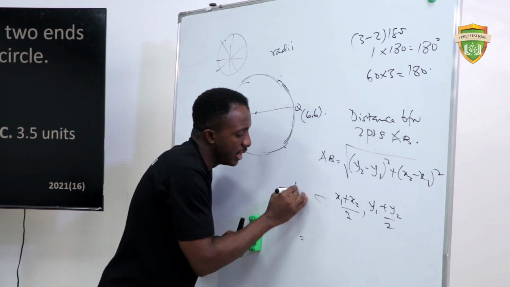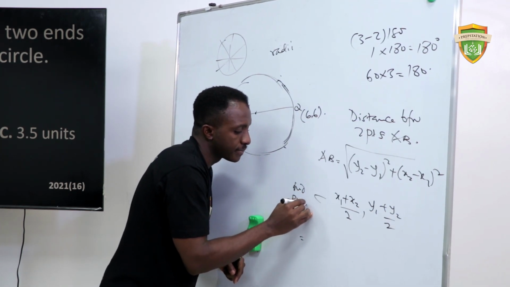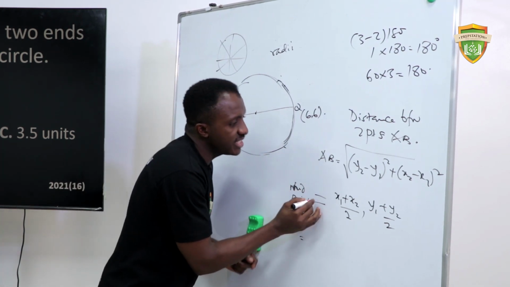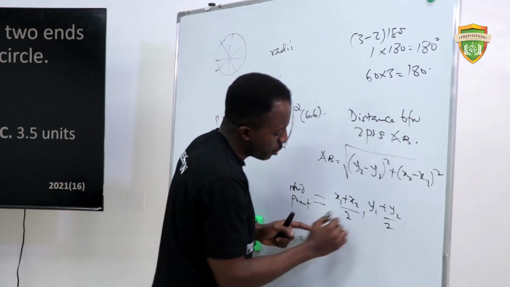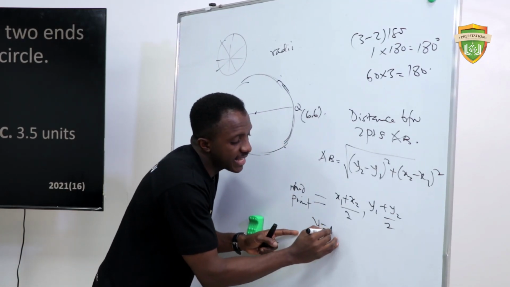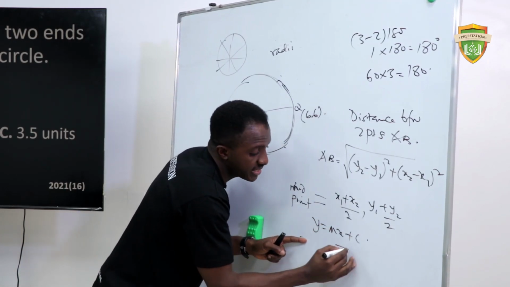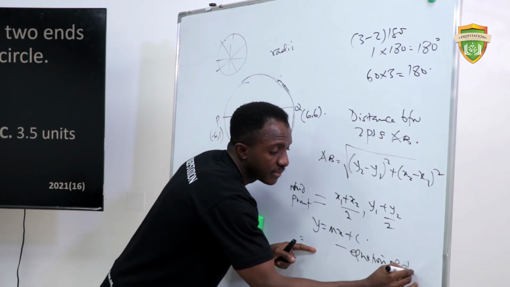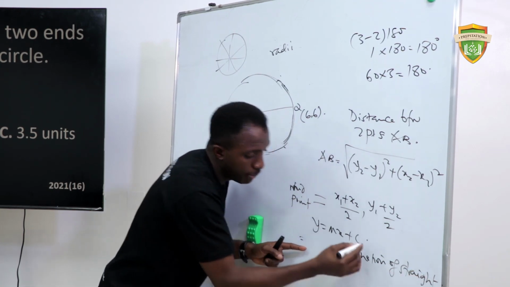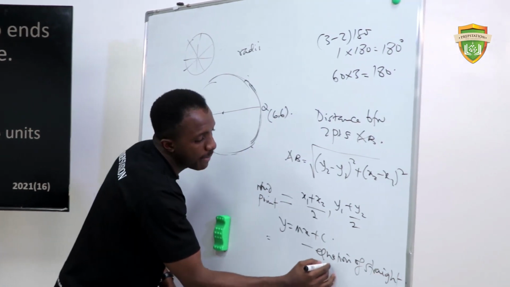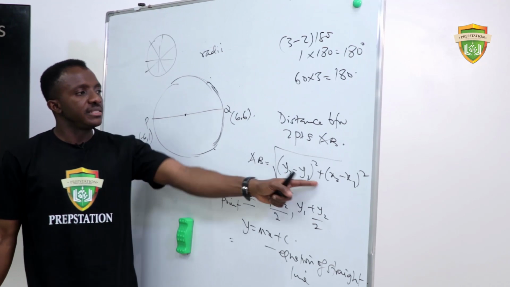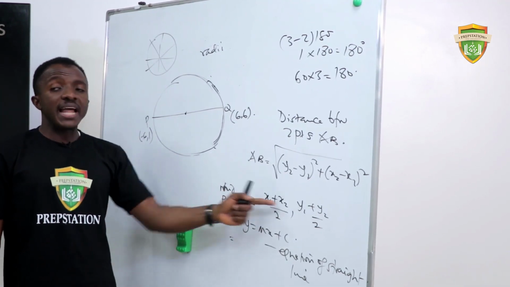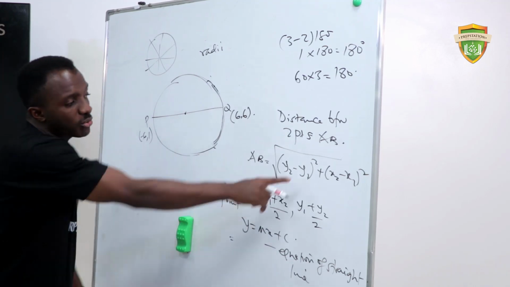This is the coordinate of the midpoint. And this is the equation of a straight line: y equals mx plus c. In case you are asked, you can put that down. So this is the distance between two points, this is the midpoint of a line, and this is the equation of a straight line.